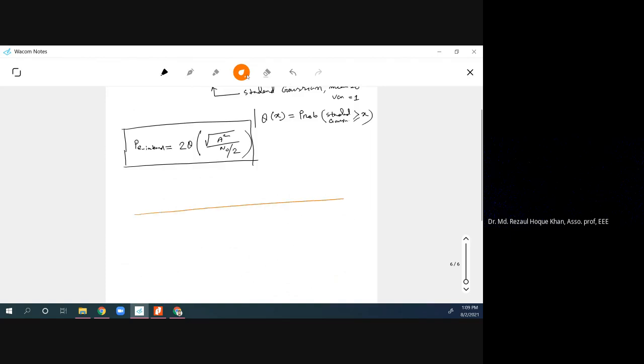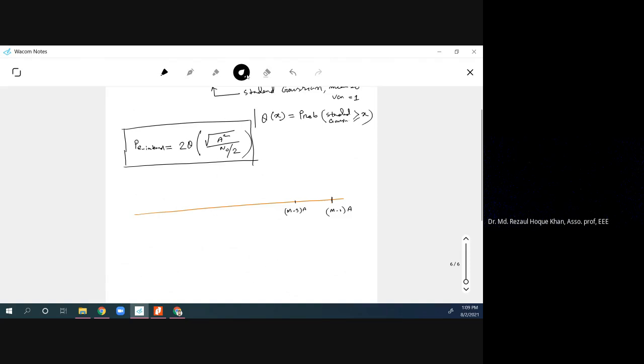Remember how we found an endpoint? Our endpoint was m minus 1 a. Of course, the previous point would be m minus 3a.